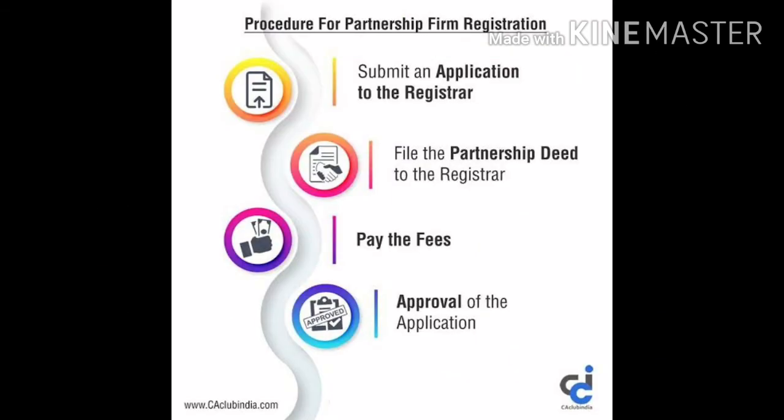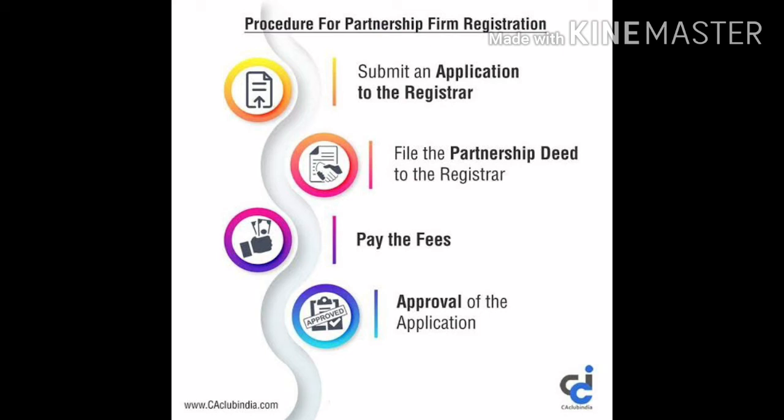Now let us come to the procedure of partnership formation. First of all, the partners have to apply to the registrar by filling up the application form. Next, they have to prepare the partnership deed. Deed here means the agreement.